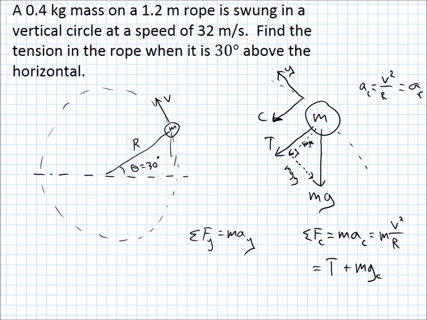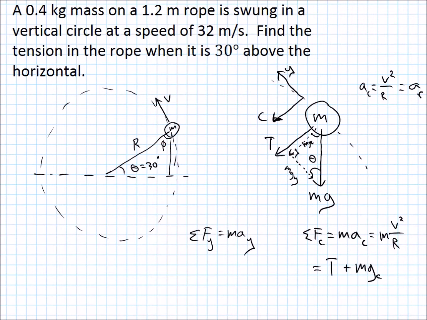If you were to draw a line straight down, that makes this not theta, but 90 minus theta right here. I'll just call that phi for a second so we can keep track of it. 90 minus theta there is the angle between the vertical and the rope. Over here, that is the vertical. mg labels the vertical, and tension is also the direction of the rope. So the angle between those two is also phi, 90 minus theta, which means that this is theta here, because of the properties of a right triangle.